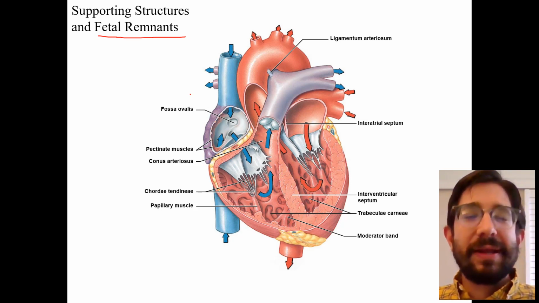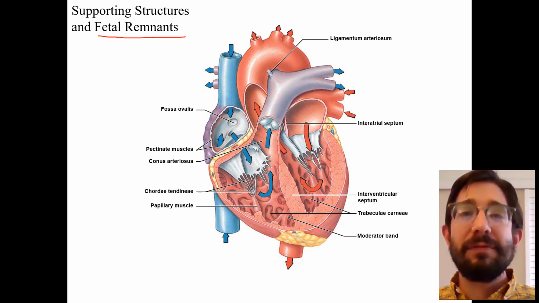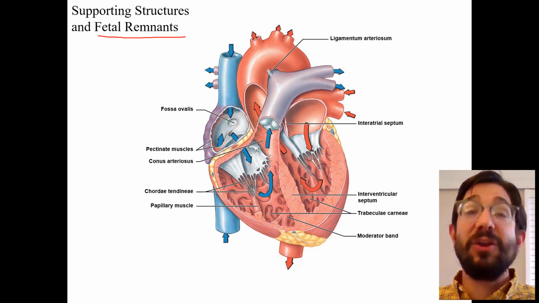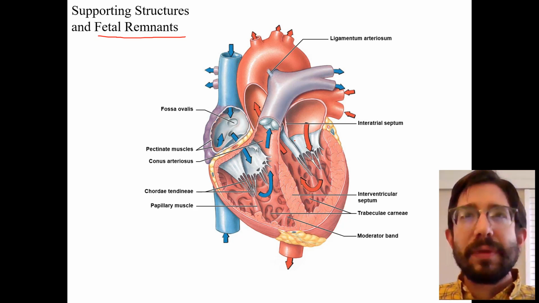Remember, the right side of the heart is all about the lungs, but we basically want to bypass the lungs. So the fetal remnants are the remainders, the leftover structures that used to help us bypass the lungs. One of those is, what should we do first? Let's do fossa ovalis first.